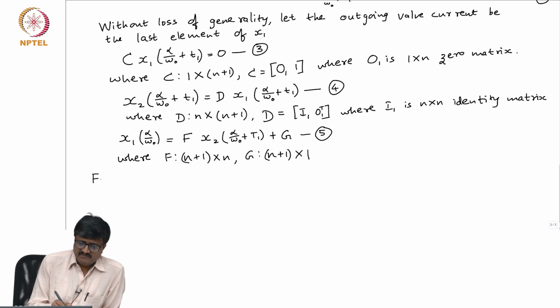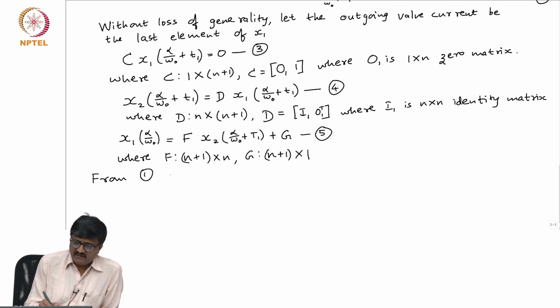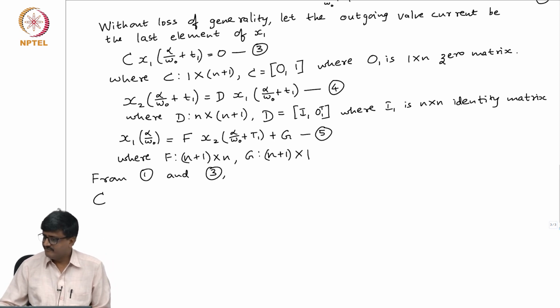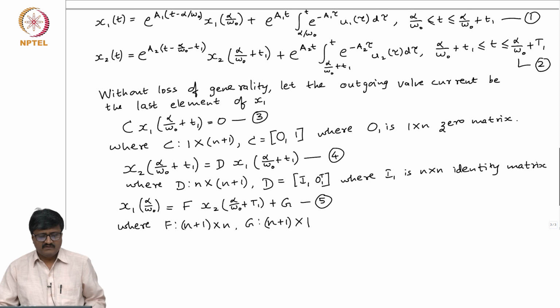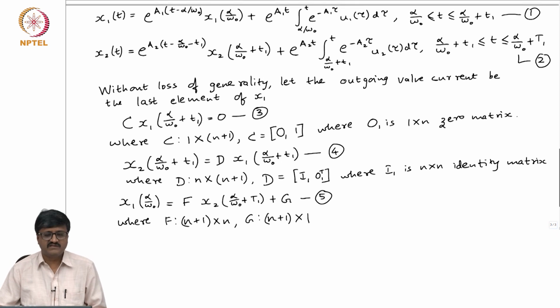From 1 and 3, I take the solution of equation 1. Wherever there is t, I have to replace that by alpha by omega O plus T1, that is all.